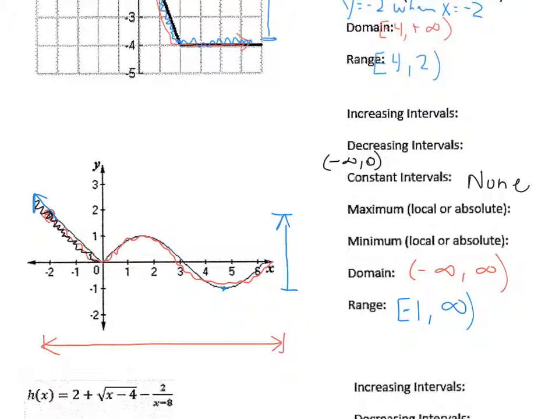Then from 0 to about 1.5-ish, it's increasing. It's changing on both ends, so I'm going to say 0 to 1.5, and I am estimating. Then it's decreasing all the way to about 4.5.